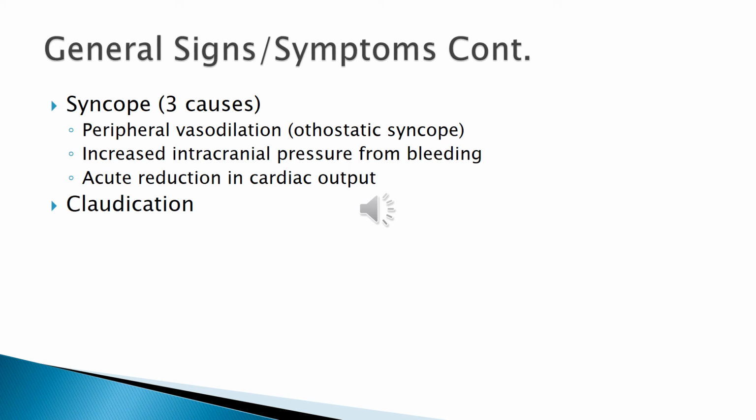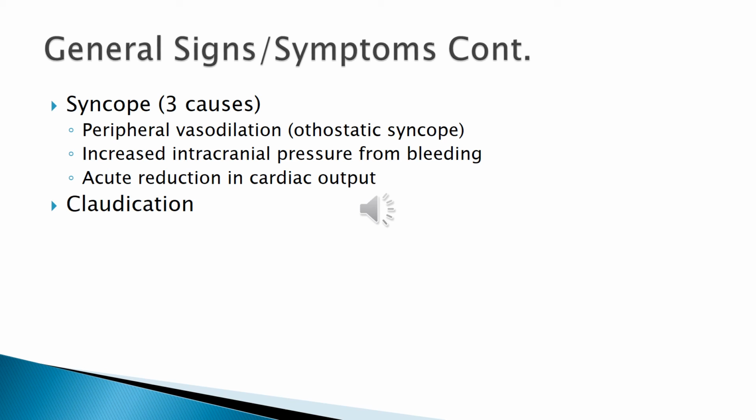The second is increased intracranial pressure from bleeding. Somebody who has suffered some sort of head trauma and has bleeding there could have syncope as well. The third is any acute reduction in cardiac output. If there is a decrease in the amount of blood getting pumped throughout the body, there will be some syncope involved. Usually it's a sudden drop in cardiac output caused by something more serious, such as a heart attack.